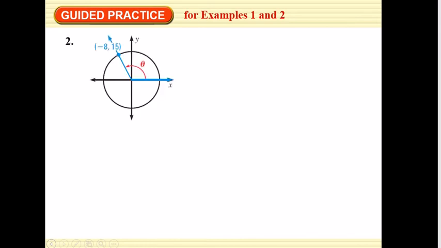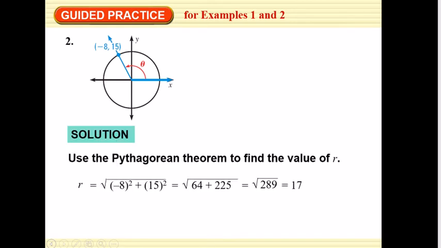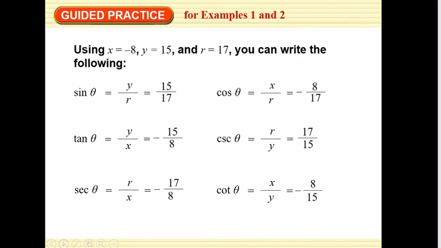Alright, so let's try out guided practice number 2. Pause the video, see if you can get what we get. And in this example, it does come out nice and even where the radius is 17. So this is a Pythagorean triple.